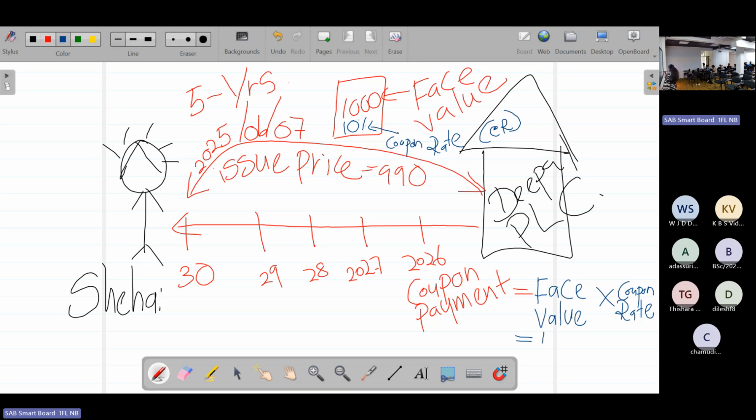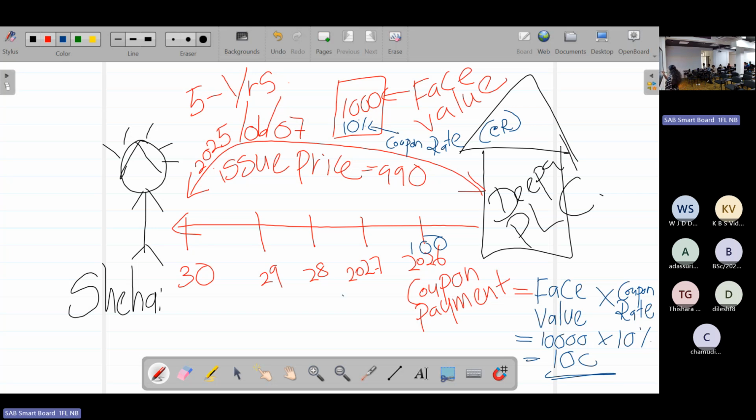Right? Face value 1,000 multiplied by 10%. It is 100. We are receiving, Shehan is receiving now 100 for 2026 as one coupon payment.